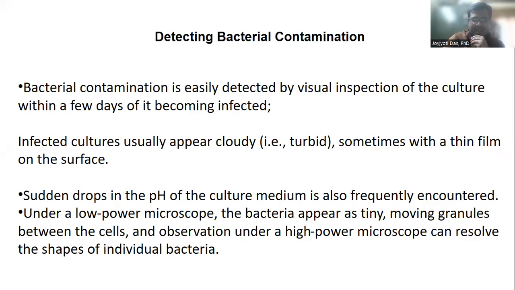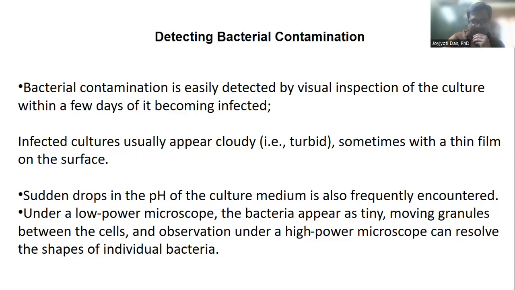So herein, I will introduce another very important component of your media that we discussed, but we didn't discuss its role. In media, I have shown you a slide wherein the media was red in color. So why is the media red in color? What is the pigment in it?